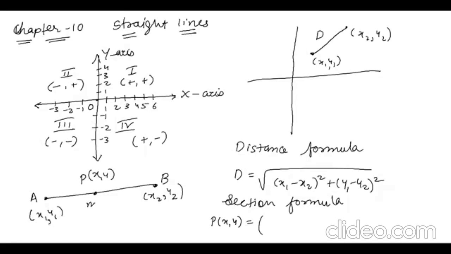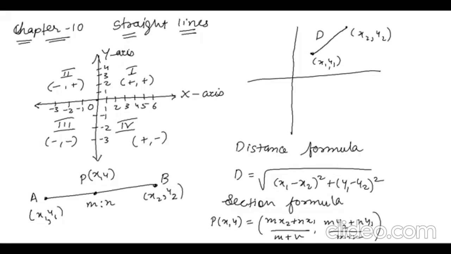If we know the ratio of division, that is, if this point divides this line segment in the ratio m is to n, then the formula will be (mx2 plus nx1) upon (m plus n), (my2 plus ny1) upon (m plus n). This is your section formula.